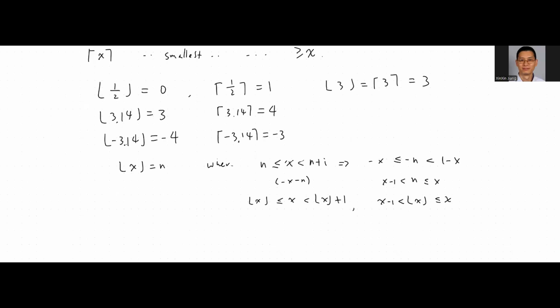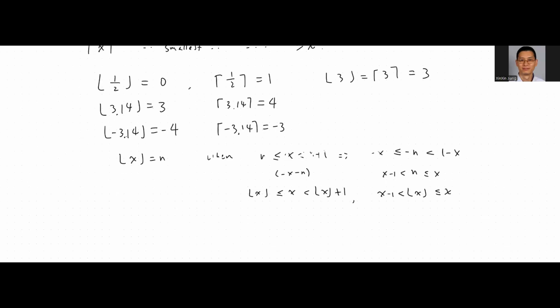All right, so let's look at this one. By that, I can define epsilon to be x minus the floor of x. Then I would get epsilon greater than or equal to 0.